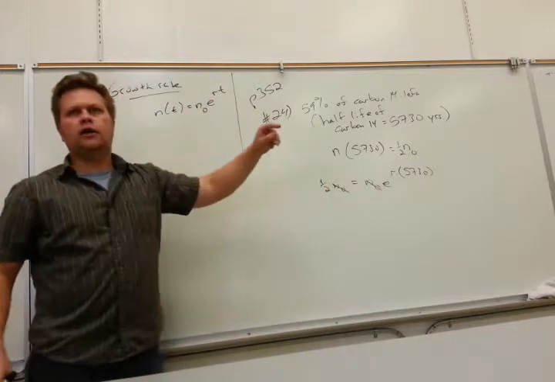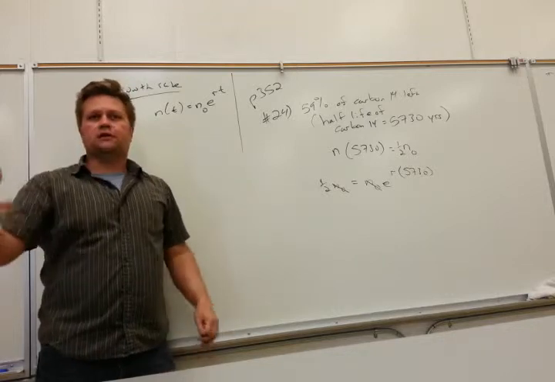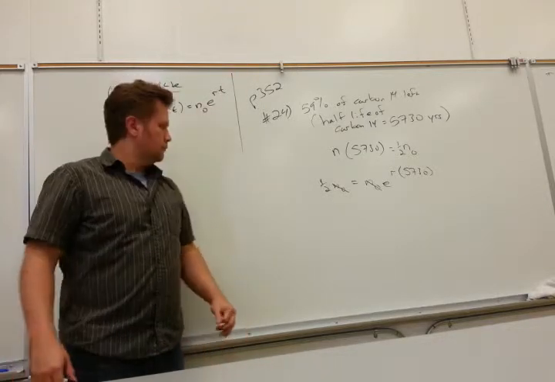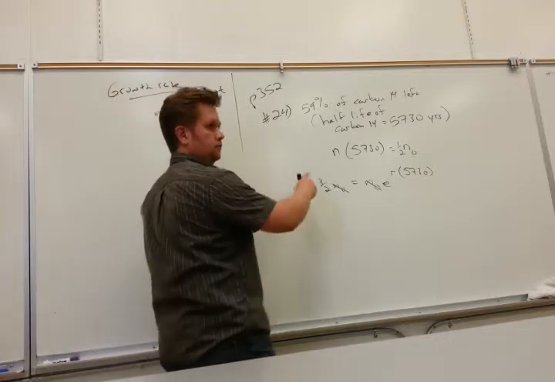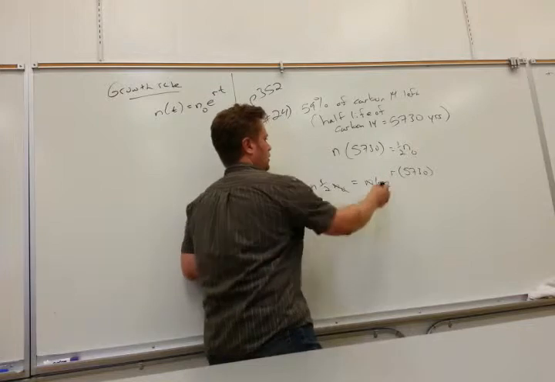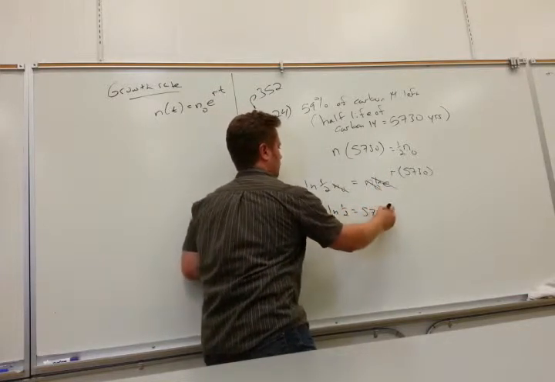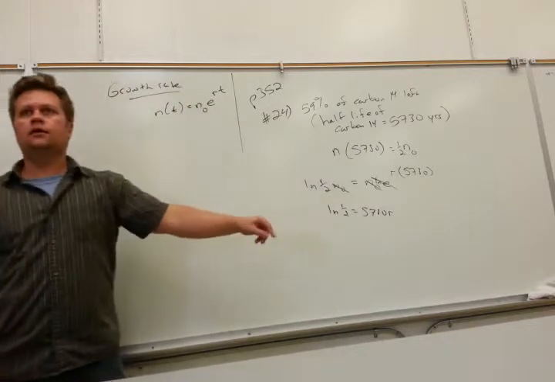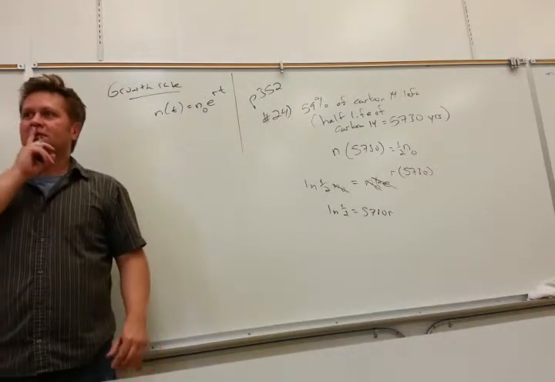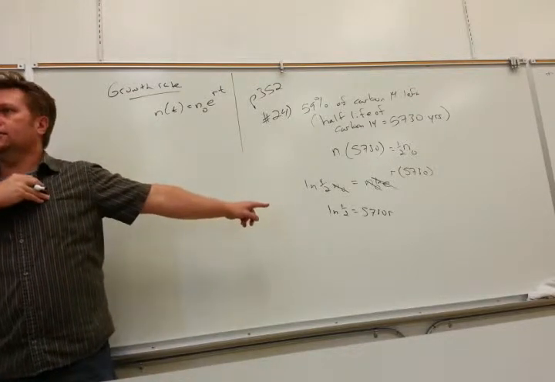Can't I solve for r now? The whole reason we did that section before was how to solve equations with exponential functions in them, right? So what would I do to both sides? Take a natural log. That would kill that, so I get natural log of 1/2 equals 5,730 r. I can figure out what r is as a number.